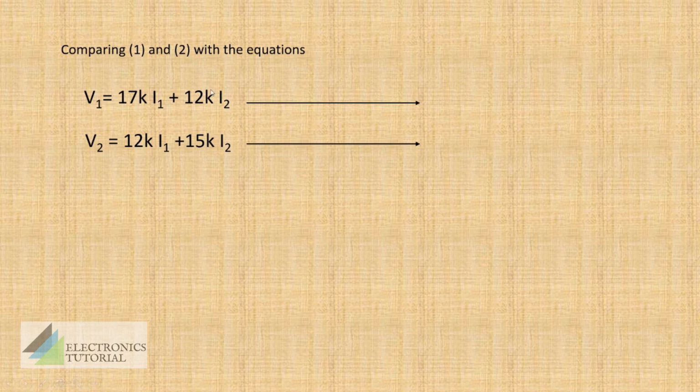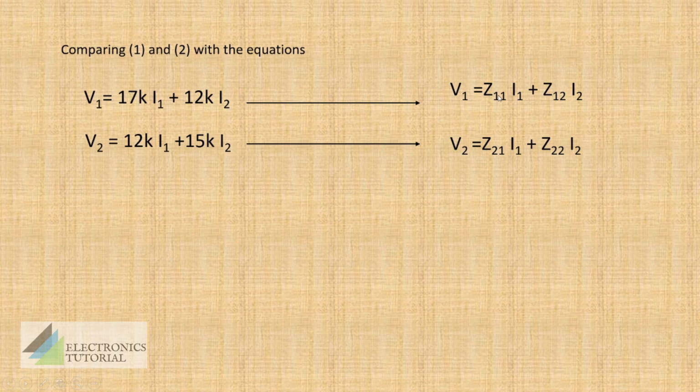Let's closely observe these two equations. We are going to compare these with the standard Z parameter equations. We can see that these equations keep the same format. 17 kilo ohm is seen in the position of Z11.